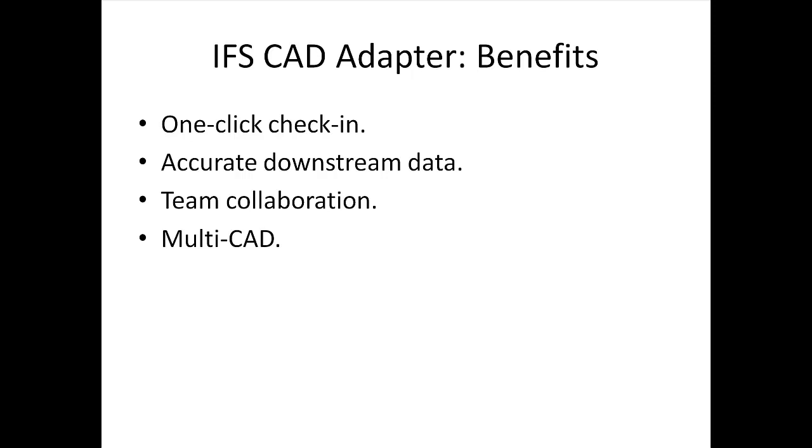Customers don't have to worry about synchronizing IFS objects and connections with the CAD data. CAD adapter automatically does that for them. By making the mapping between CAD and IFS automatic, users can rely on accurate, up-to-date IFS data. CAD adapter promotes team collaboration and sharing of data and supports the environment where multiple CAD systems access the same IFS database.